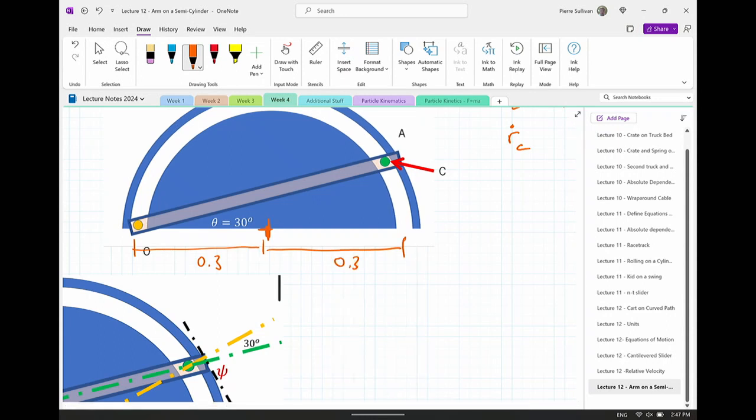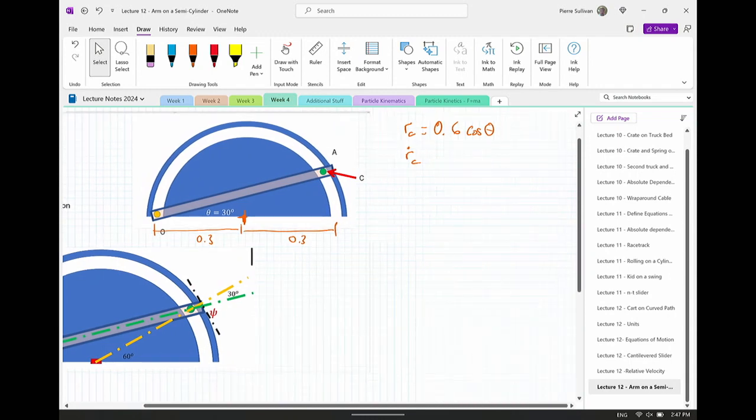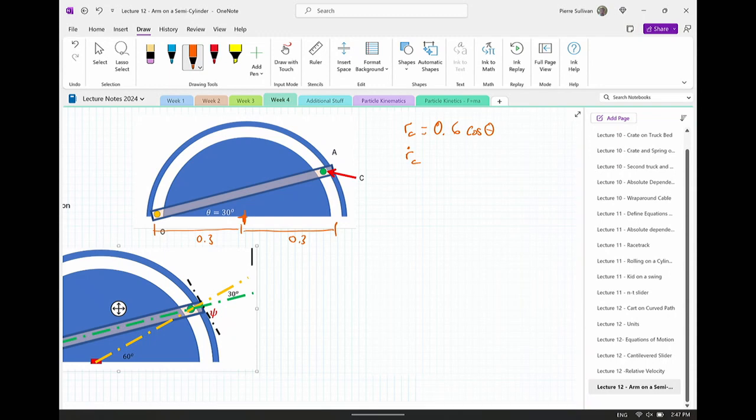So you have that arm, you have the center of the circle. The radius of that semicircle is 0.3, something, it doesn't matter, 0.3 meters. And the instantaneous position is r equals 0.6 cos theta.